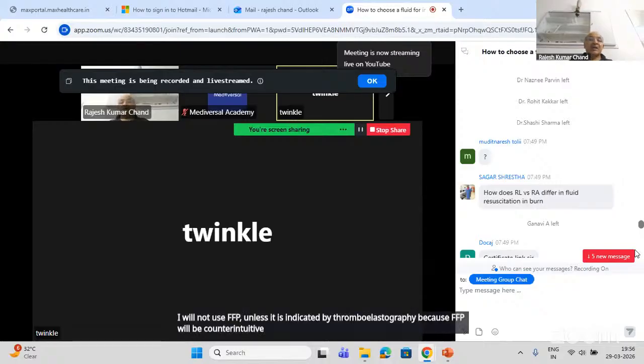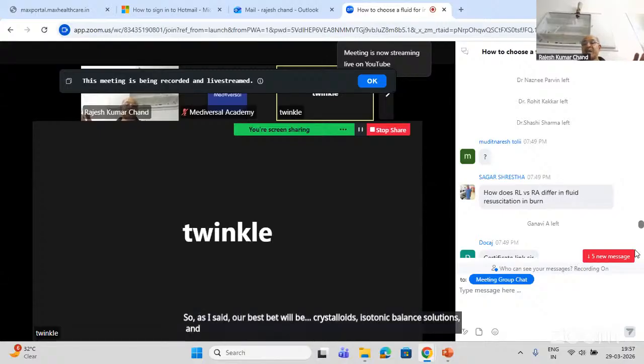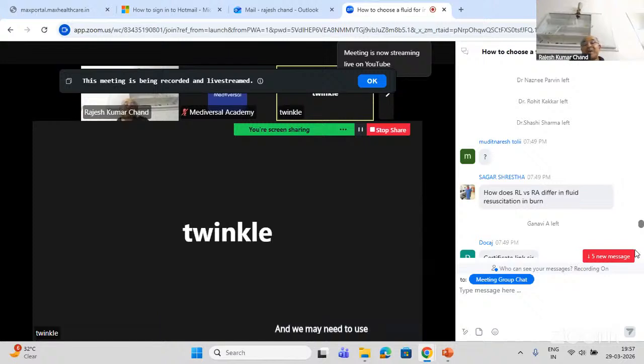It will cause TRALI and other lung injuries. So as I said, our best bet will be isotonic balanced crystalloid solutions and albumin, blood depending on hemoglobin, and other products depending on fibrinogen level and TEG. But in this patient, we may need to use a small dose of heparin.